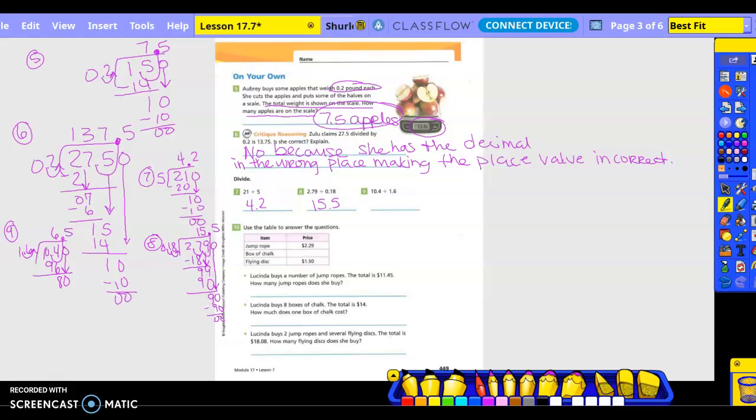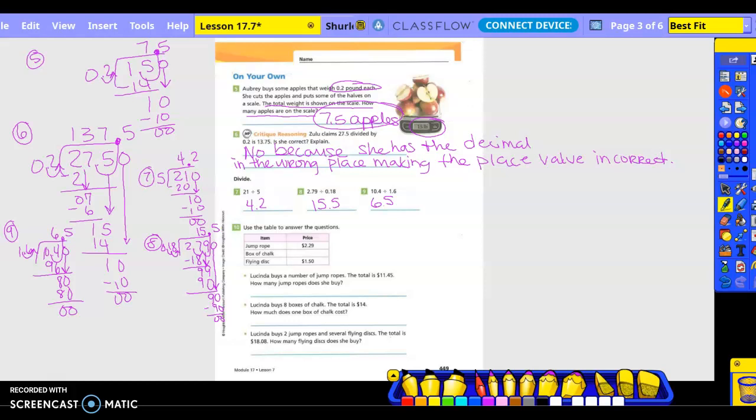If not, we can come back down to the 4. 5 times 6 is 30, put a 0. 5 times 1 is 5, plus 3 is 8, so that works. Nothing left over, so my answer is 6 and 5/10.